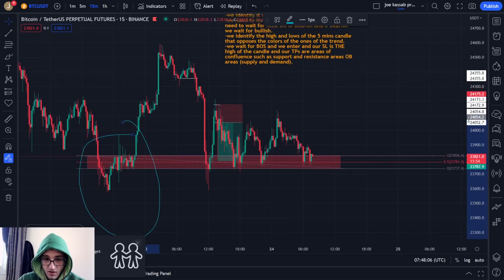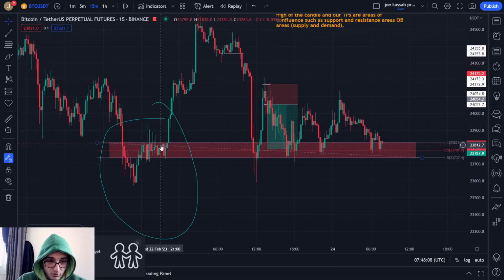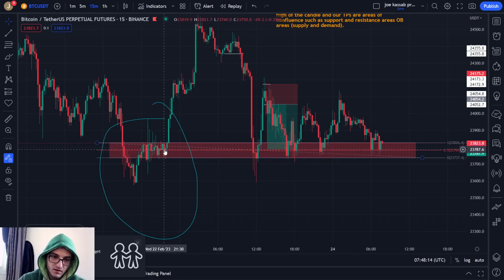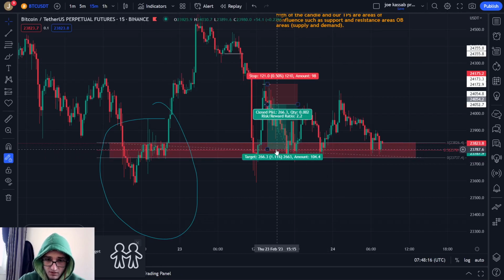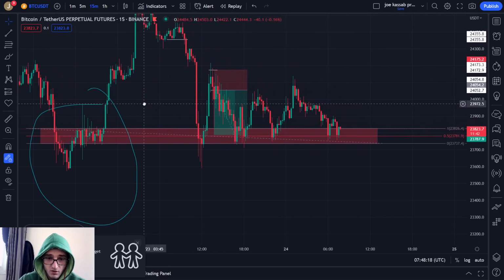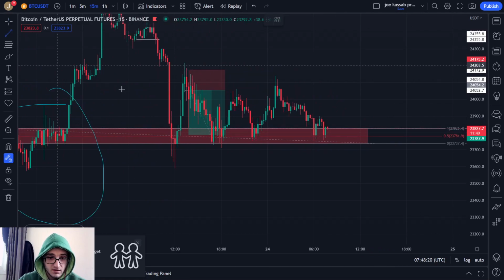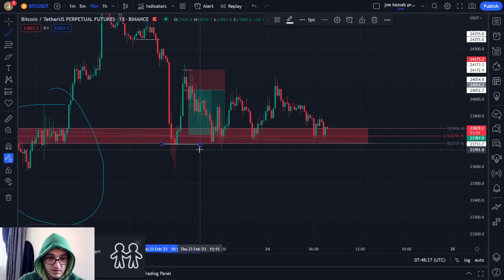So we have an order block here. As you can see, this is an order block, and I am having Fibonacci at 50%. I take half of the order block as my take profit. Also, you can see that we have a resistance area here. This 15 minutes resistance area.